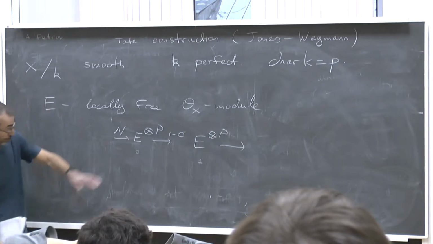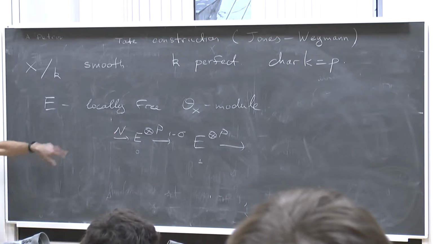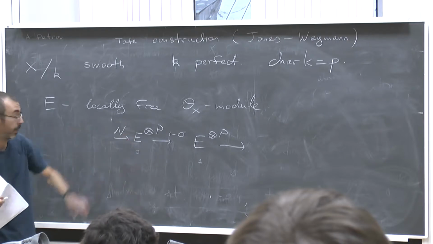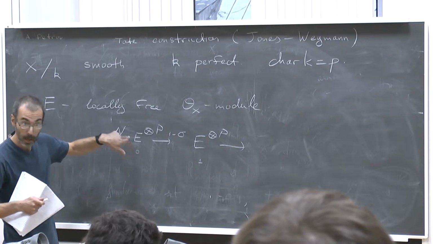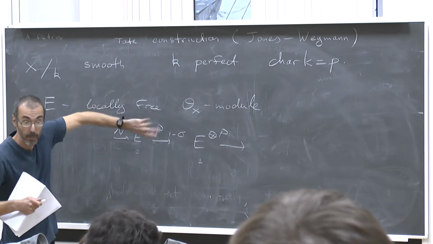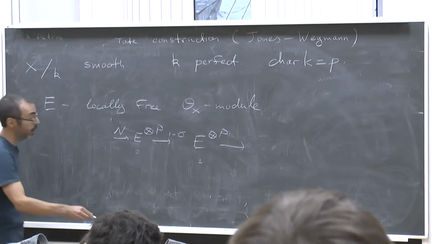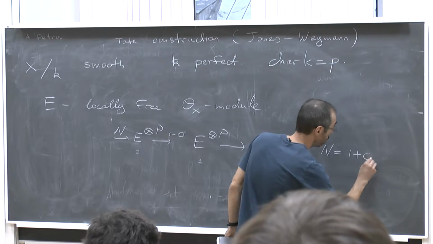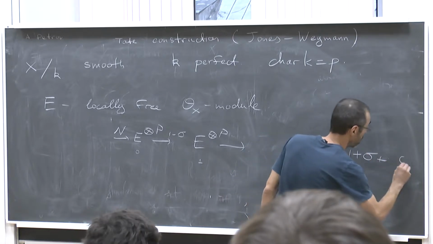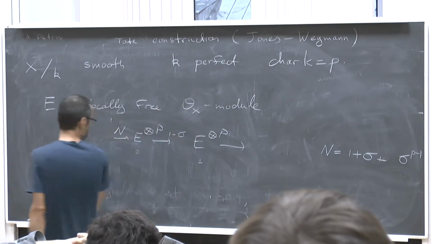The p-th tensor power of the vector bundle carries an action of the symmetric group, in particular the cyclic group of cyclic permutations. And sigma is the generator, so it's the cyclic permutation. So here N is equal to 1 plus sigma plus ... plus sigma to the p minus 1. That's the norm.